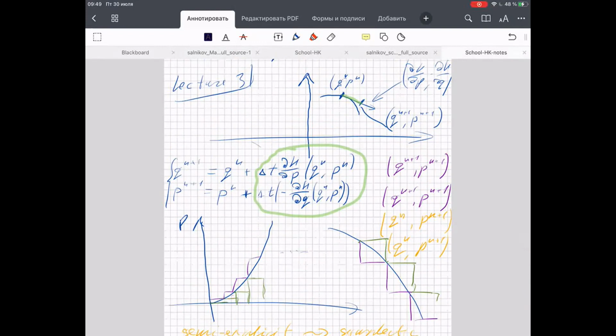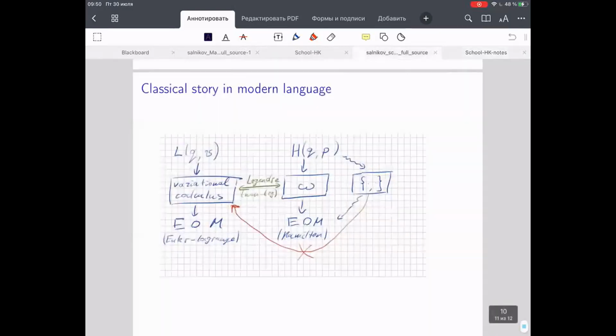Okay. Well, this is the philosophy of geometric integrators. I look at some geometric structure and I see what the preservation of it means for the dynamics of the system. I'm going back to the slides.